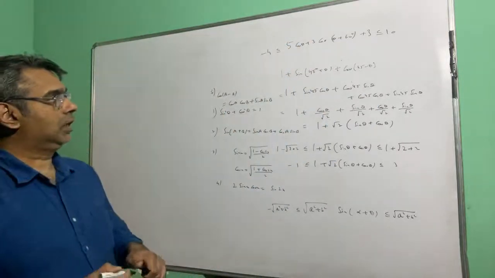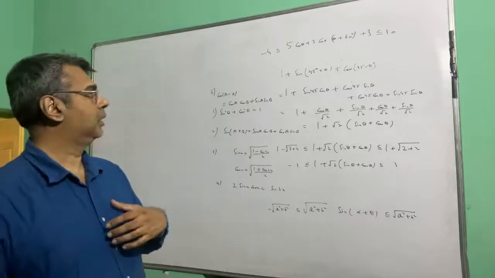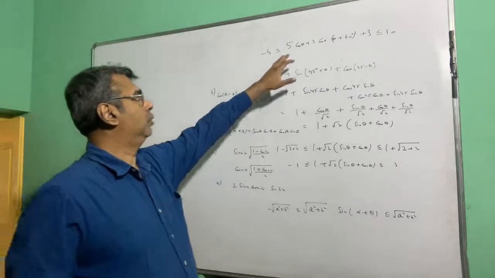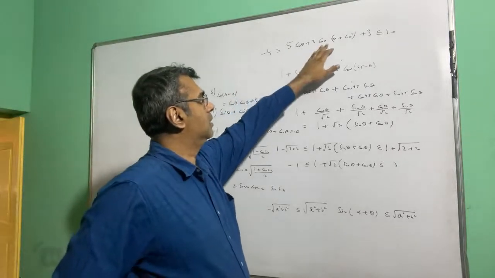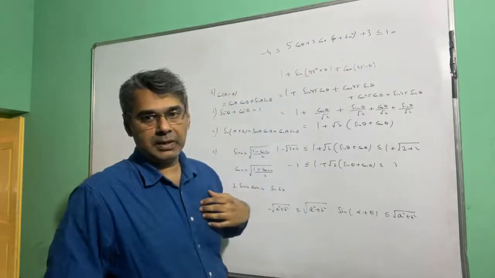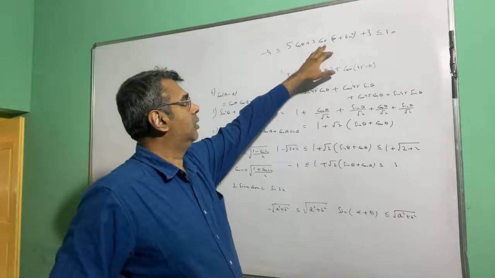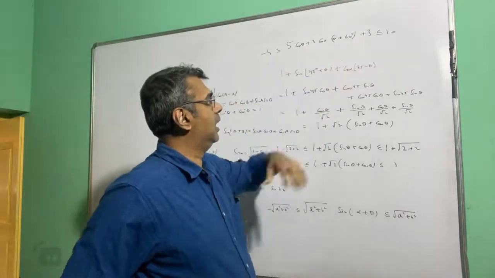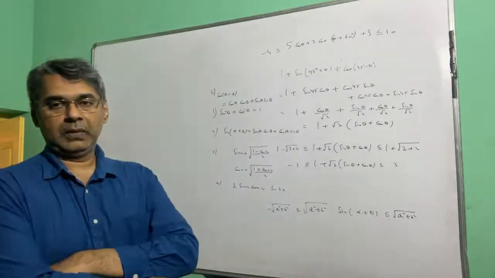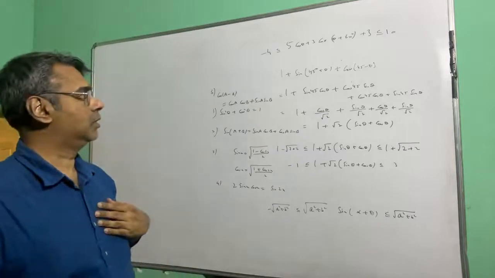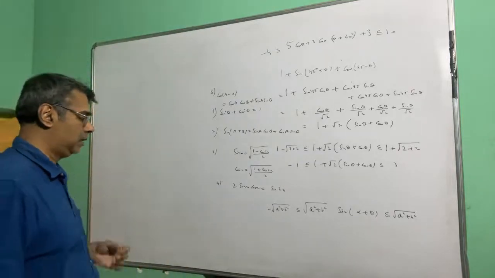Okay, now let's have a look at this next sum. It's written, prove that 5 cos theta plus 3 cos(60 degree plus theta) plus 3 lies between 10 and minus 4. You have to prove that this whole expression lies between 10 and minus 4.